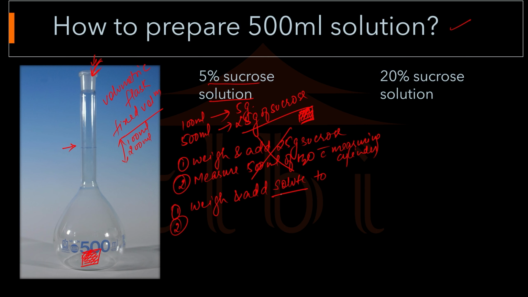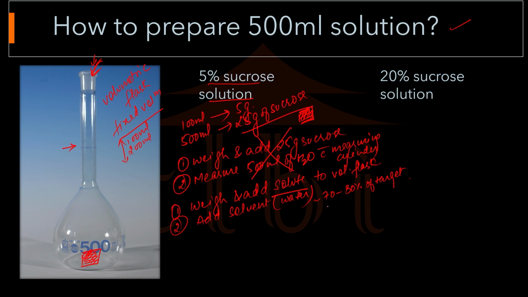So you weigh and add solute to the volumetric flask. In the second step, you add your solvent. In this case, it is water. Now, how much to add? So generally, whatever is your target volume, you add about 70 to 80% of that volume.